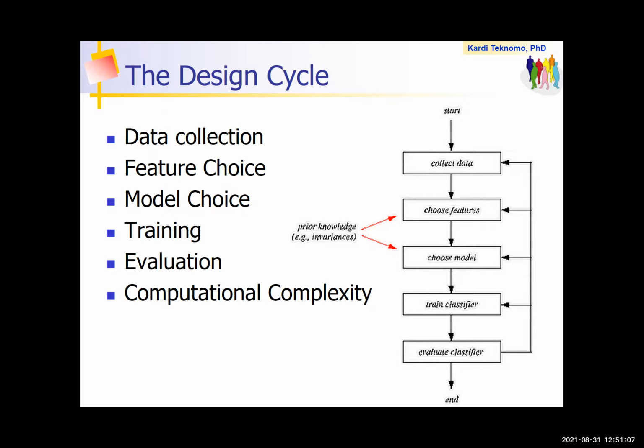Then you go to choosing the model that you want. At a certain point, it's not good enough, then you select the features and then new features again, and then you collect the data again. So these are actually cycles rather than just one way down until evaluation.